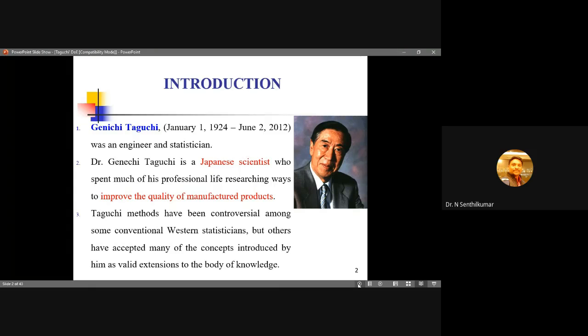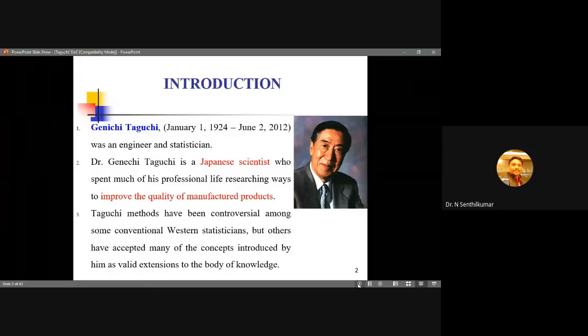Right. Taguchi's methods were not accepted by Western statisticians. For example, in the DOE, we have a reduced number of experiments compared to full factorial designs, a very small number of experiments, which made Western statisticians not accept these controversial design procedures.